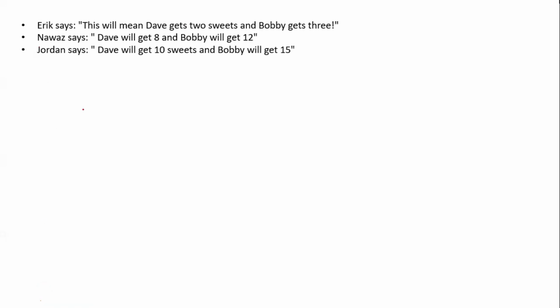All right, here it is, Dave and Bobby, right? So Dave to Bobby is 2 to 3. This means if Dave is getting 2 parts, then at the same time, Bobby is going to have 3 parts. Let's think of this as the first attempt.